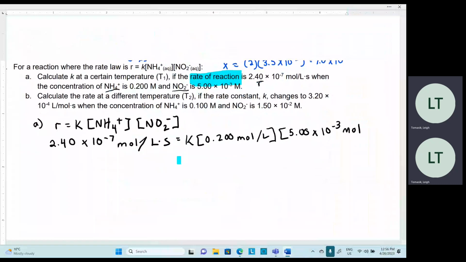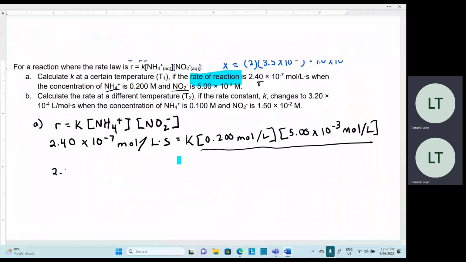Remember, if you see the capital M, that means moles per liter. So it's pretty easy to isolate K. We're going to bring these two numbers that are multiplied by K over to the other side. Both of these are multiplication, so when I bring them over, it's going to be division.